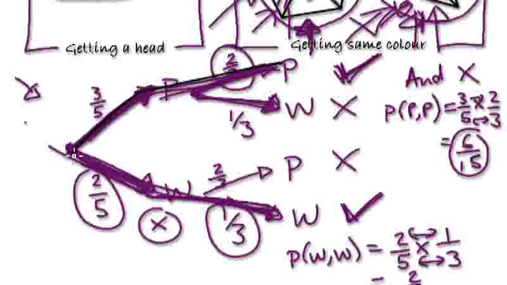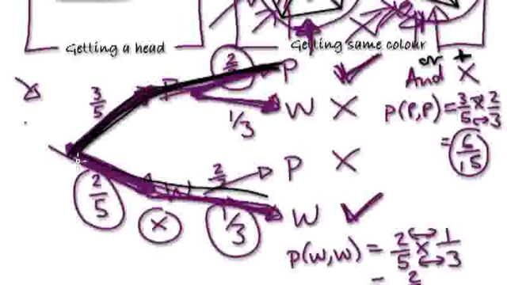So here's the thing: you've gone down this route here, this and this, but then remember, this is a map of all the things that could happen. This route here is one route that could happen, or you could go this one here. The thing is, when there's an "or", you add. I know this seems complicated, but just trust me on this. You could get this route or this route down here.